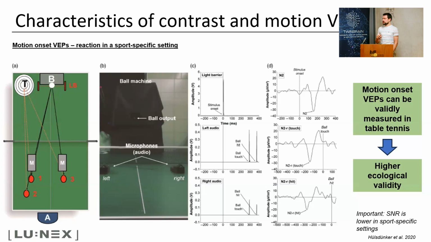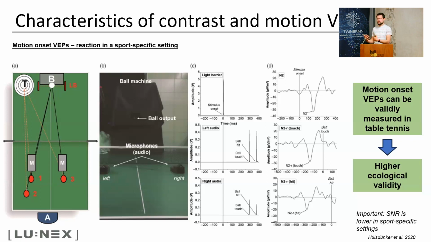Then we correlated the N2 of the computer with the N2 of this table tennis task. The correlation was somewhere in the range between 0.7 and 0.8. So it was quite high, which supported the conclusion that what we are measuring there is actually the N2 potential. Also the location of the potential was again in the visual motion sensitive area MT.